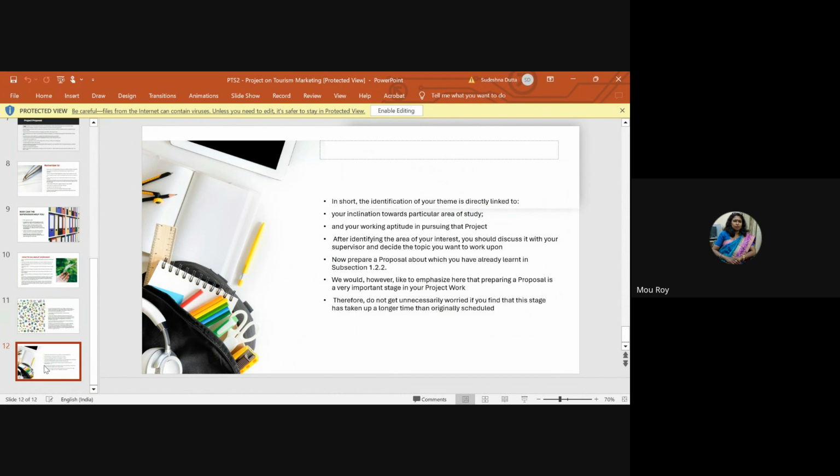You'll find the first step is always very difficult, but slowly, once your proposal is accepted, then your project is halfway done, because writing in depth is not a very difficult task, but the first 400 words have to be very accurate. Depending on that 400 words, you have to prepare your report, which has to be 5,000 words.